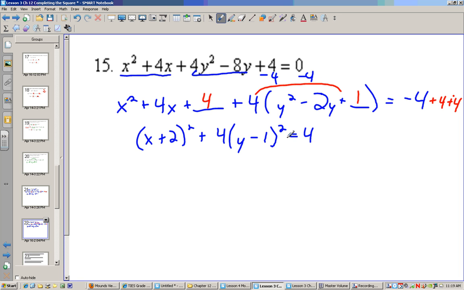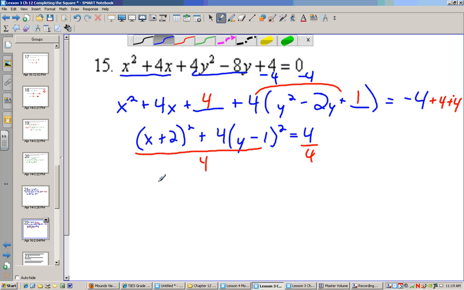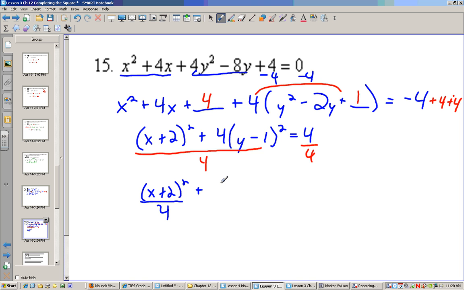Now remember, for ellipses, to put it in standard form, this right-hand side has to equal 1. So if we divide by 4, this is going to be x plus 2 squared over 4. Over here, 4 divided by 4 is going to cancel out, so it's just y minus 1 squared equals 1.